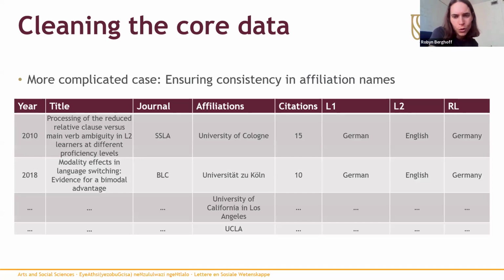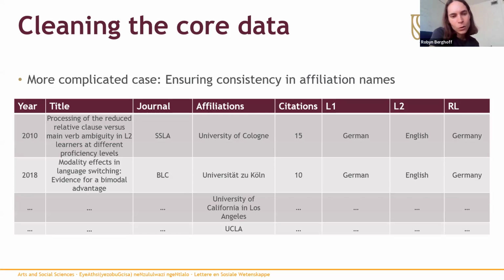So if we look at the first 2 rows in this table, one of the affiliations is listed as University of Cologne. The second row there, the label that is used is the German name for the same university, right? And if we look at the last 2 rows here, we could have the full name of a university written out, University of California in Los Angeles. But in another instance, the abbreviation might be used for that same university.